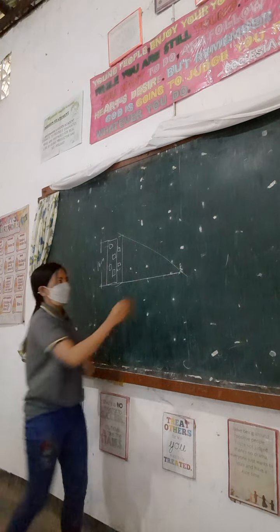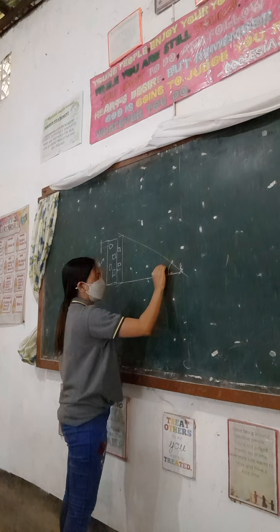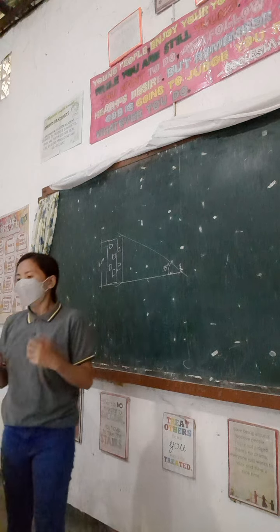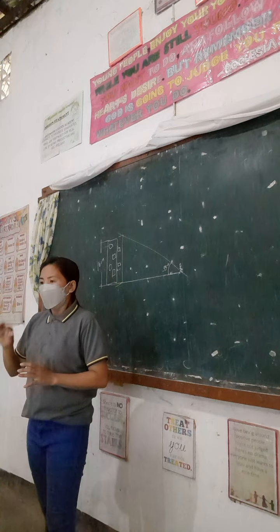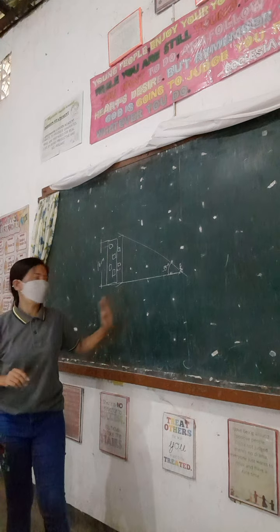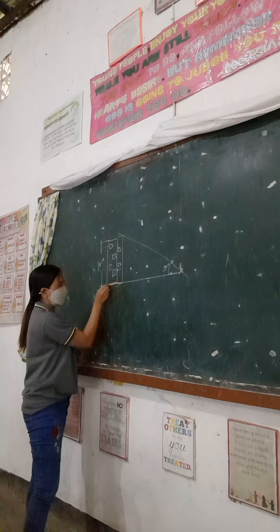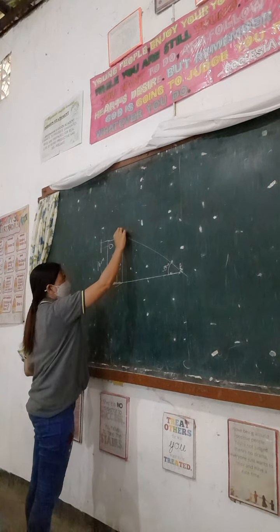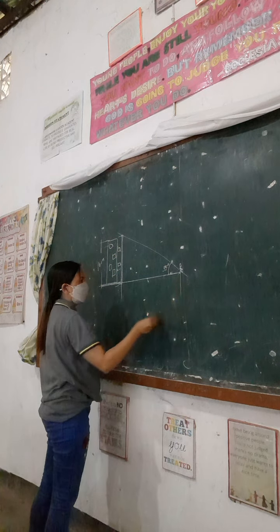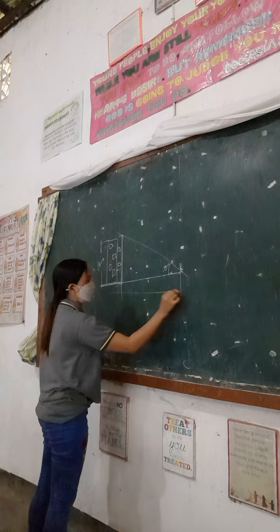Now we're going to draw another line. So we have here the angle of elevation, 35 degrees. Now, how far is the observer from the base of the building? This is our building. How far is the observer from the base of the building?